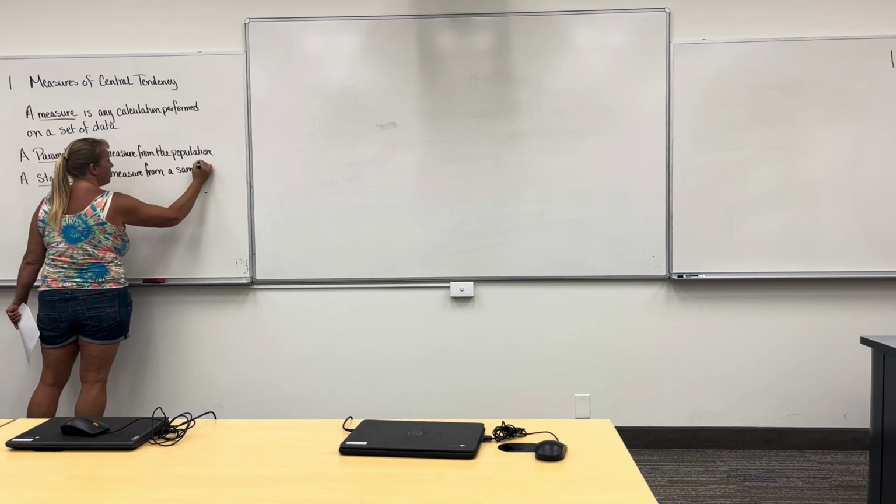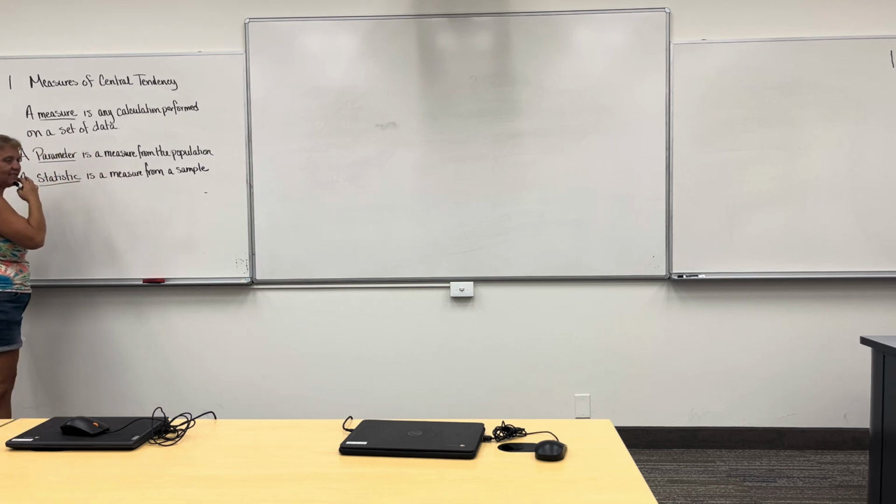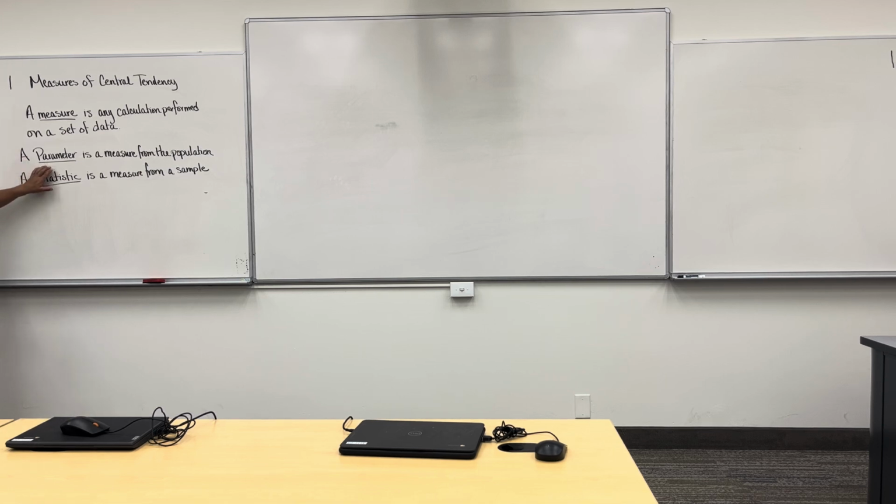So we're going to have parameters and statistics. And the thing about them is that they will have different variables to keep them separate from each other. So you know when you're dealing with a parameter and you know when you're dealing with a statistic.